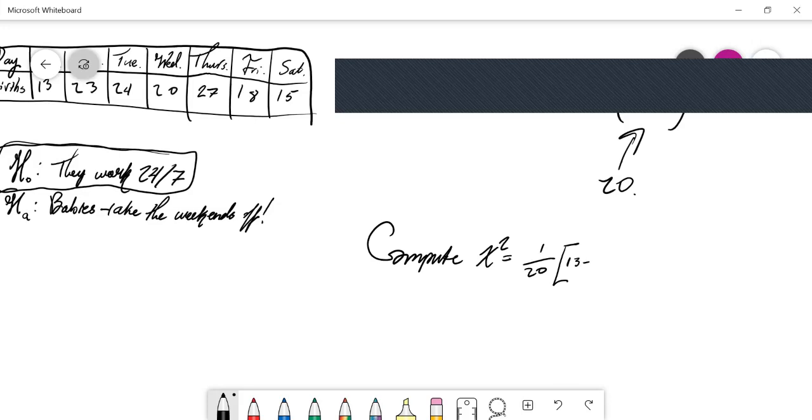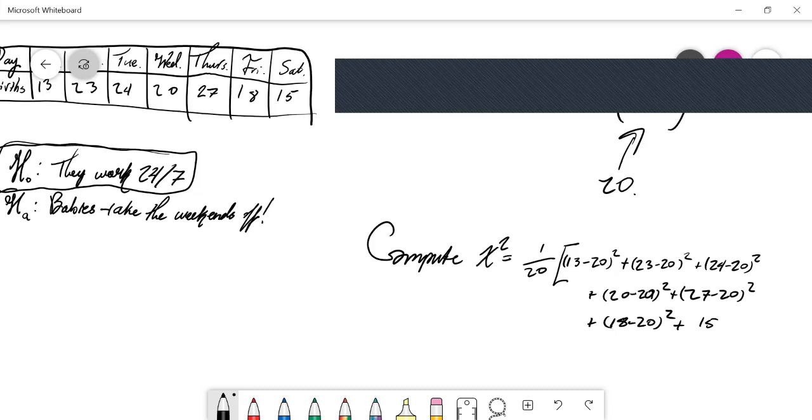Okay, I'm going to do 13 minus 20 squared plus 23 minus 20 squared plus 24 minus 20 squared plus 20 minus 20 squared plus 27 minus 20 squared plus 18 minus 20 squared plus 15 minus 20 squared.